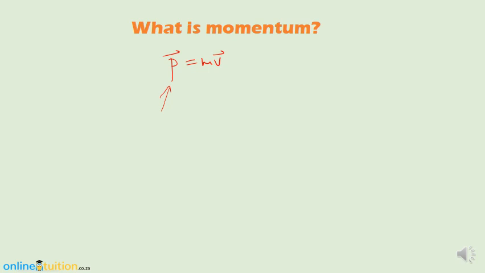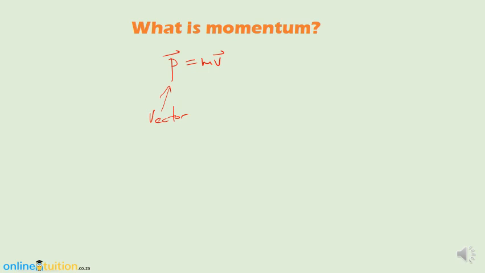This is very important as well. So when you're dealing with problems involving momenta, the plural, you need to take into account direction. So your knowledge of vectors has got to be really solid when working with momentum. Momentum is nothing more than the product of an object's mass and its velocity.